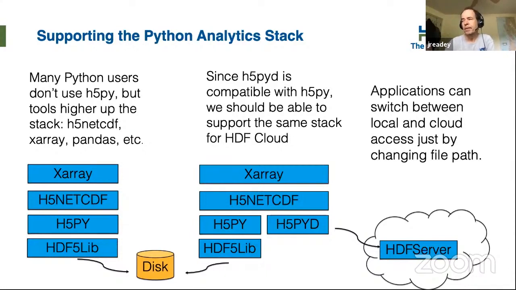For example, H5NetCDF, based upon the file path, will use H5Py or H5PyD. So as an H5NetCDF or Xarray user, you don't need to worry about whether your data is a local file or on the cloud. You can just dynamically switch back and forth.